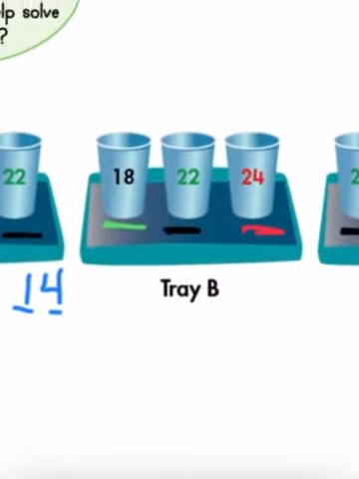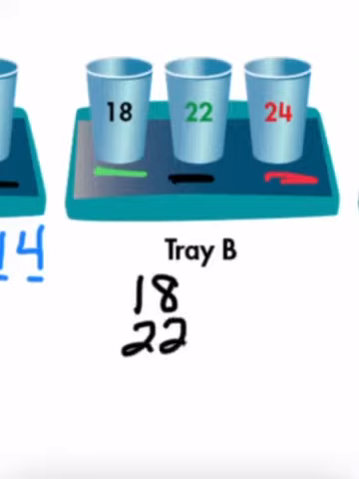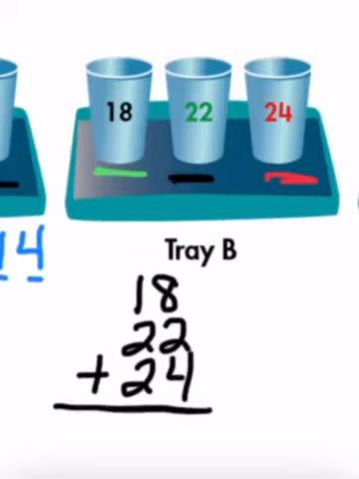Okay, now when I look at tray B, again, I write down my numbers, line them up vertically. 18, 22, and 24. And I put my addition symbol down at the bottom, draw a line underneath it. Again, I have my ones column lined up nice and neat and straight, and the tens column is also. Okay, so I'll get rid of those 2 arrows.